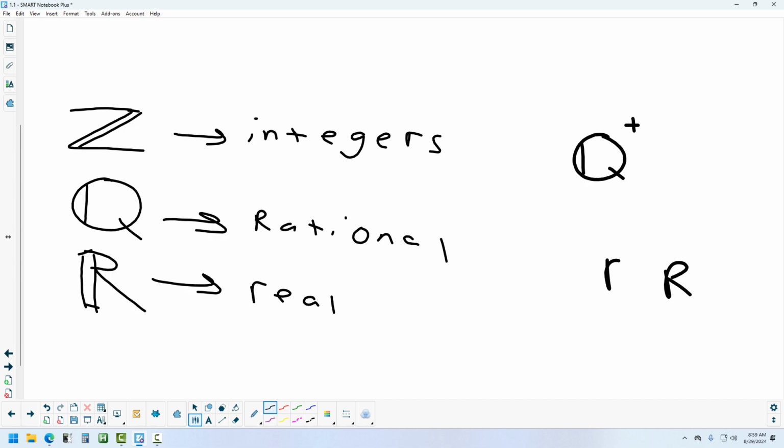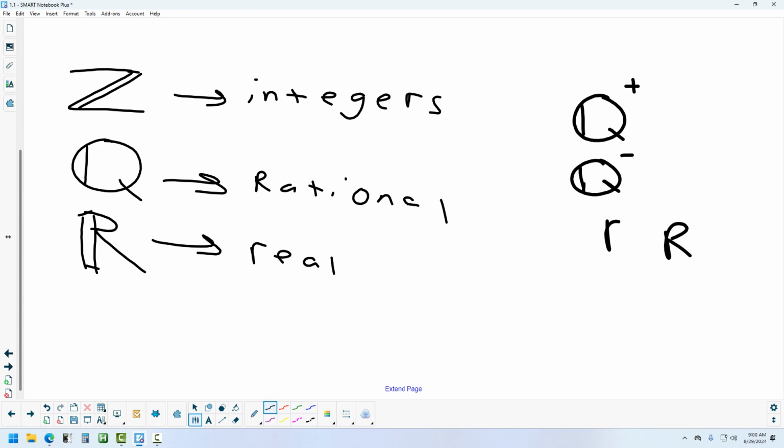Yeah, this would mean specifically positive rational numbers. And if you made it a negative, that means I'm talking about negative rational numbers. Is 0 positive or negative? Neither. Right. So 0 isn't positive or negative. It is even, but it's not positive or negative. Okay, everyone have those symbols?